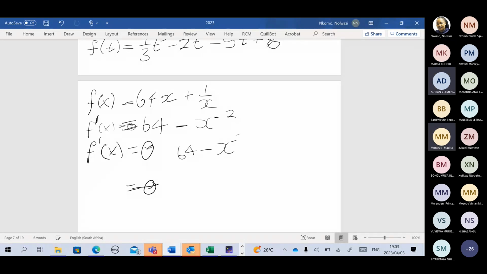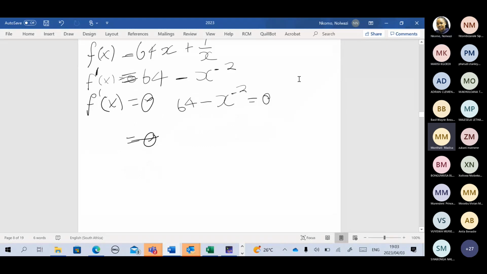Ma'am, I have a fraction, 64 for x, if you equate it to 0. I'm saying, isn't it 64 minus 1 over x squared? Oh, you said 1 over x squared equals 64. It's 64 minus 1 over x squared.